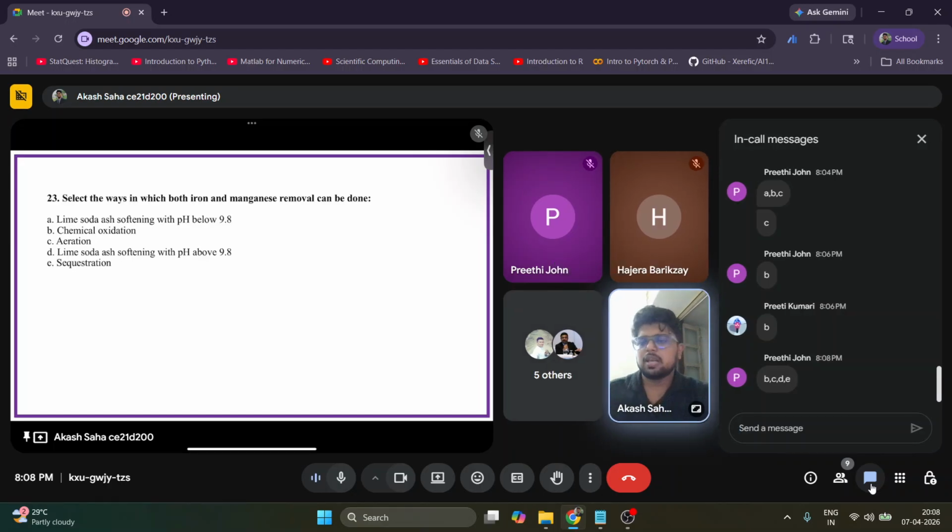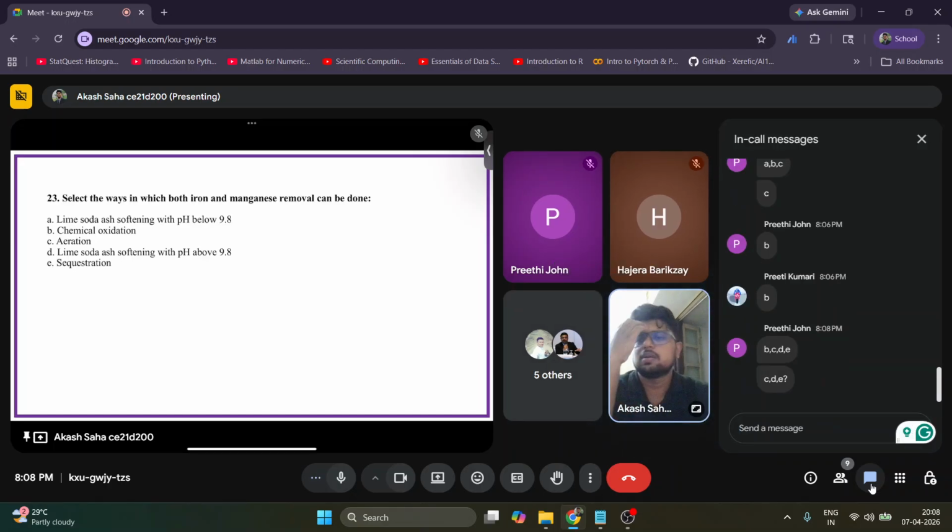So here the only concern will be about aeration, because though iron can be easily removed by aeration, manganese generally is not fully removed by aeration.